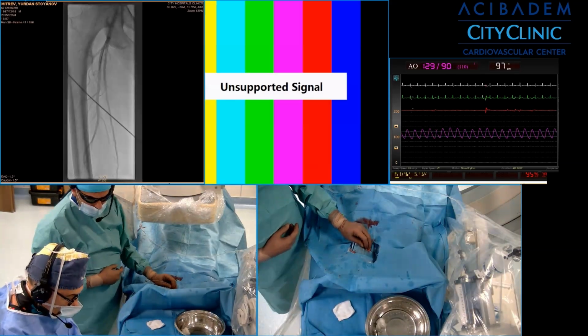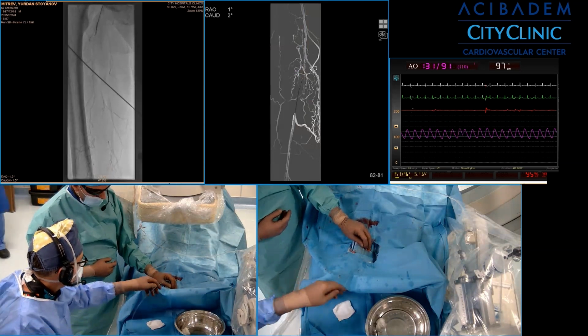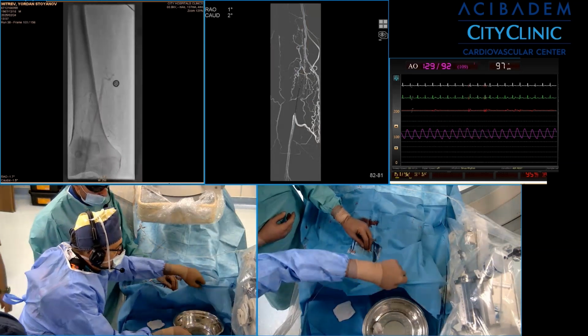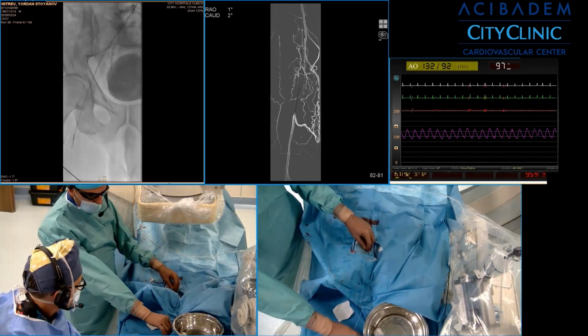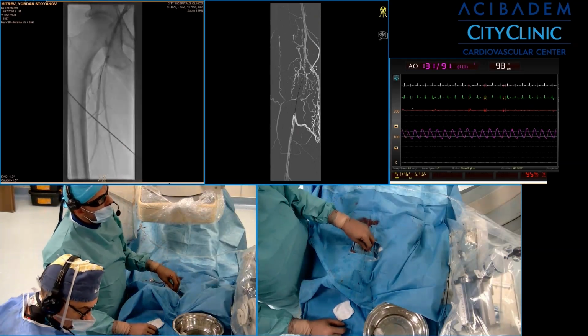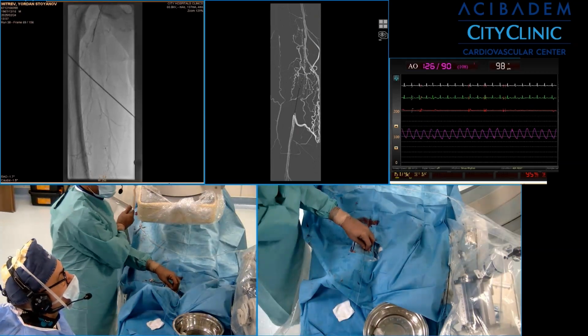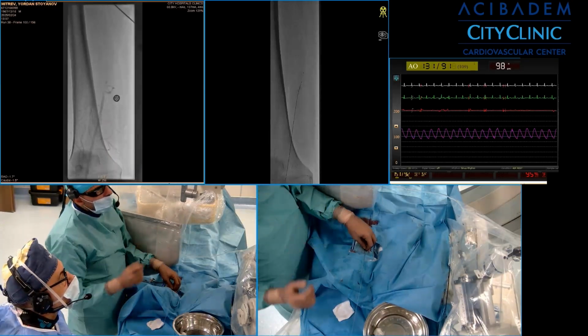So we are straightening the microcatheter like that, to be straight, and to try to penetrate.